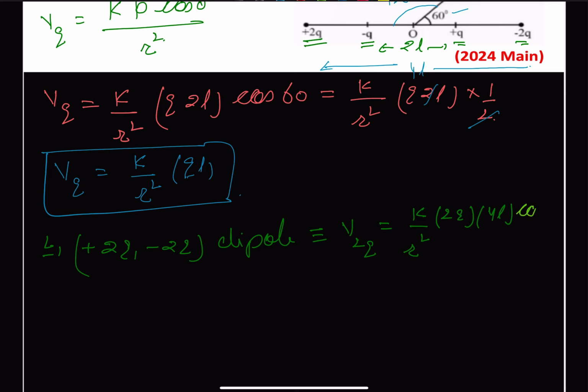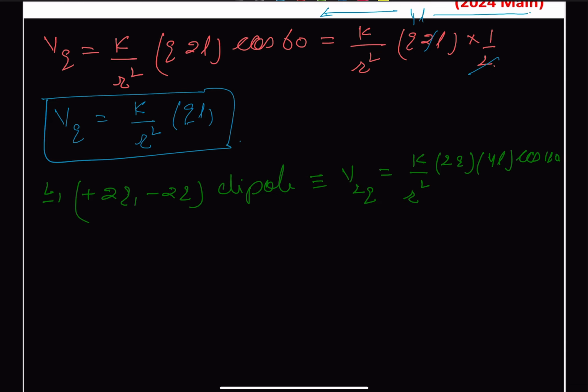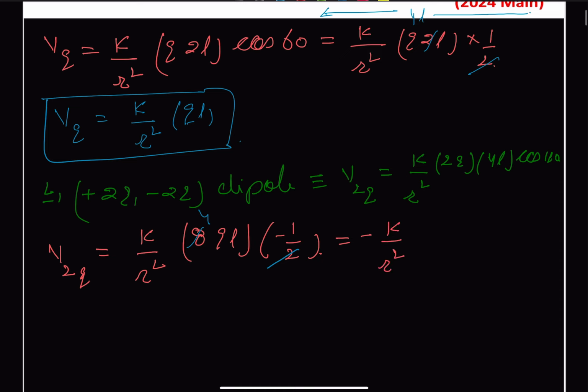Sorry, cos of 120, which will be giving us minus 1 by 2. And so we can write that V2Q will be equal to K upon R square. This comes as 8QL and minus 1 by 2, and this goes by 4. So we get this will be equal to minus K upon R square, and we are left with only 4QL.